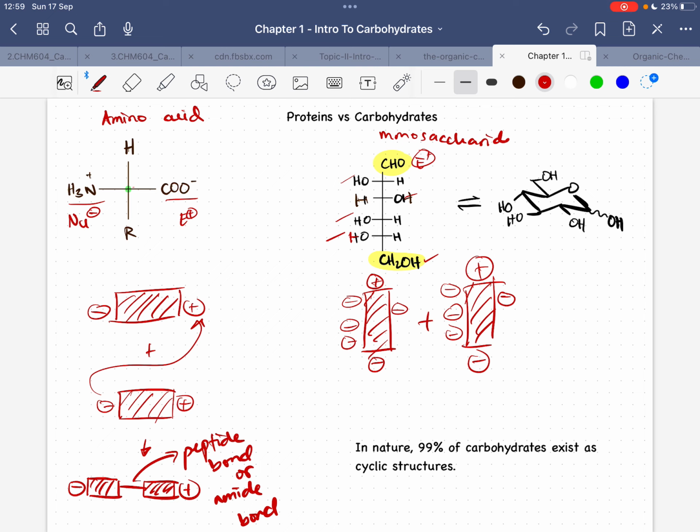So, combine mo siya, same gyapon siya sa carbohydrate, sa amino acid nga, negative, negative, negative, negative.